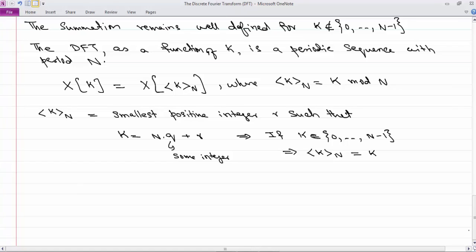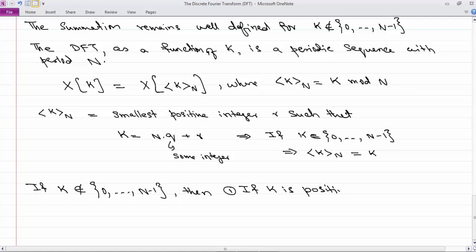Now, the other possibilities are that if k does not belong to this range, so it is beyond this range, then there are two possibilities. Number one, if k is positive, then k mod n is simply equal to the remainder of k divided by n.